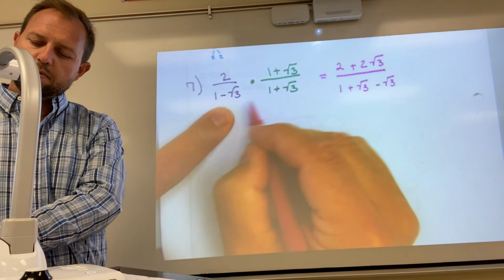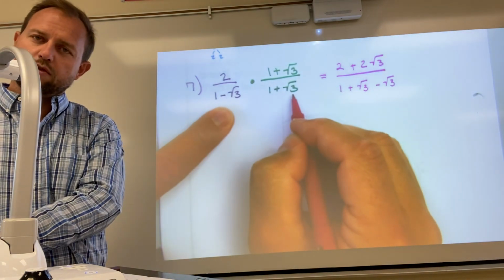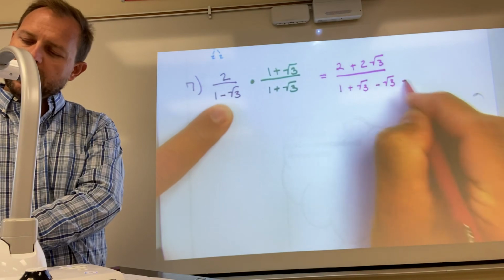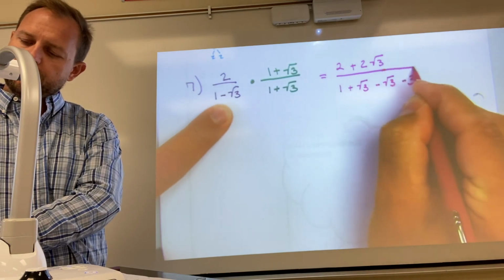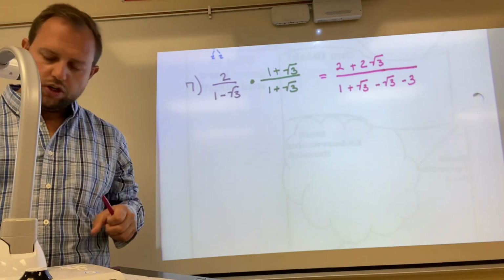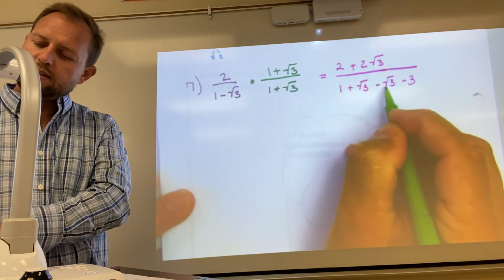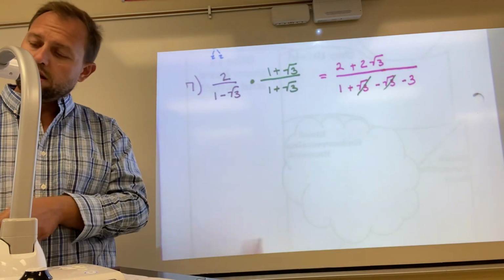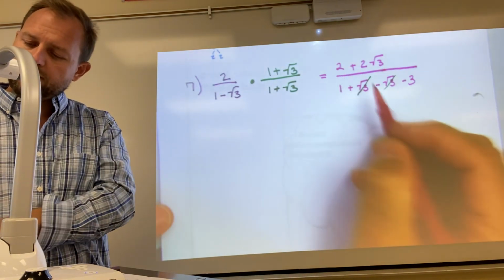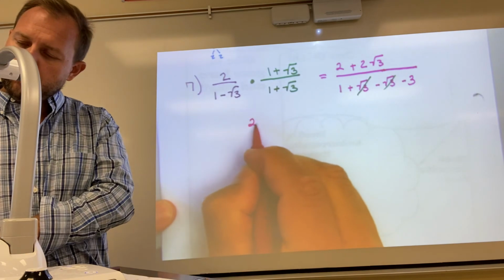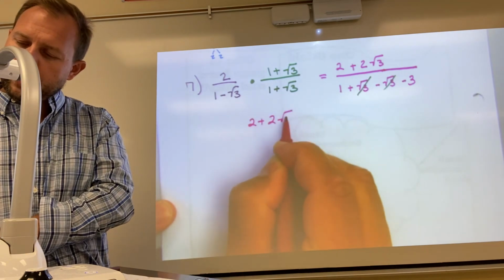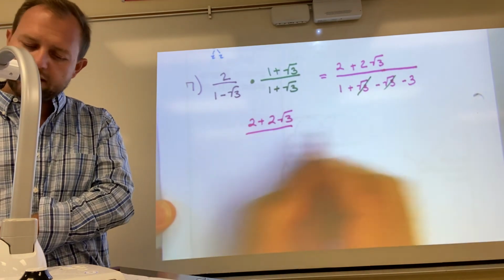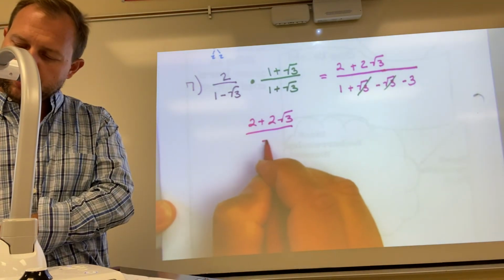And then last terms, negative and positive root 3, multiplying them together, will just leave us with a negative 3. By doing that, the inside and outside terms should cancel. They're opposite and they add to 0. So we're left with 2 plus 2 root 3 over the first and the last. 1 minus 3 is a negative 2.